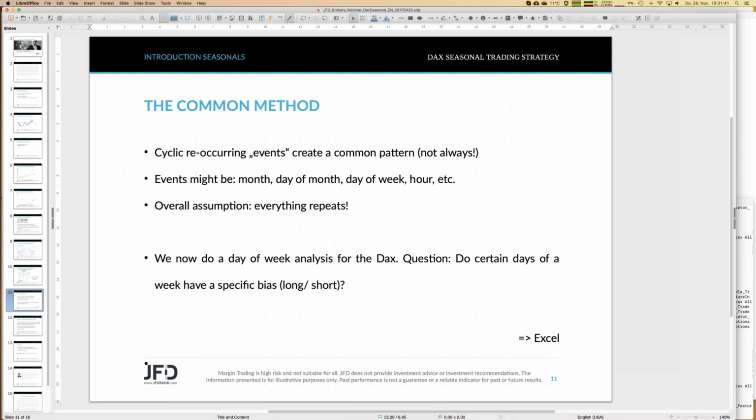For example, there are stories that especially in the first few days of a month, indices have a tendency to go north, simply because big companies are adjusting their allocation, buying new stocks, and that is a driver for going north, especially in the first couple of days of a month. So then we would have a story about the day of the month, or better to say the working day of the month. That would be the better description, because the first or second might be on a weekend.